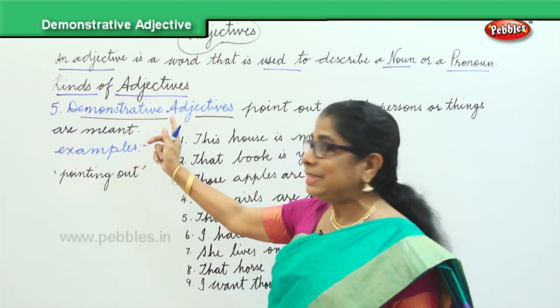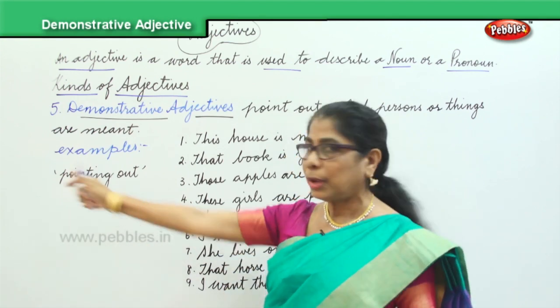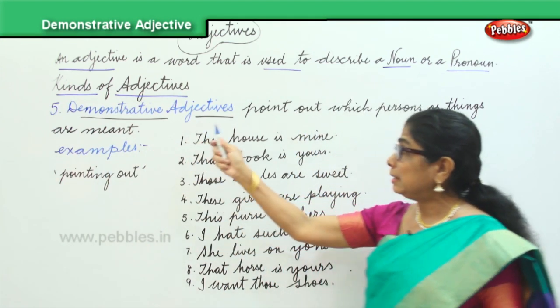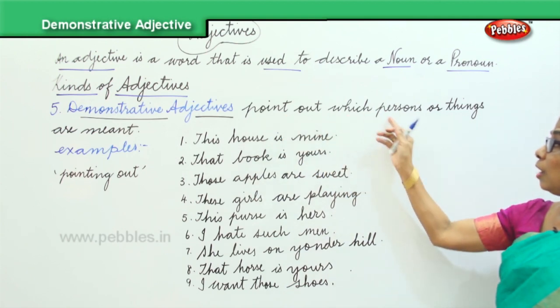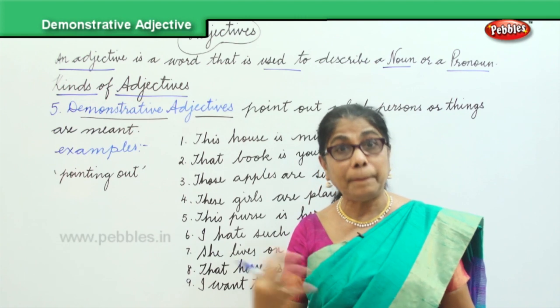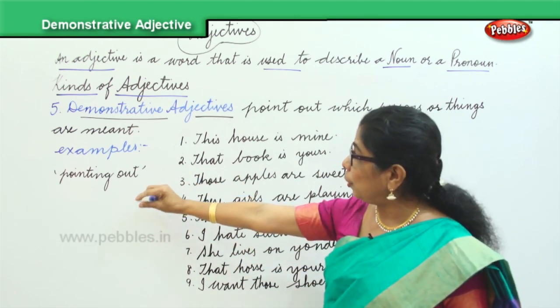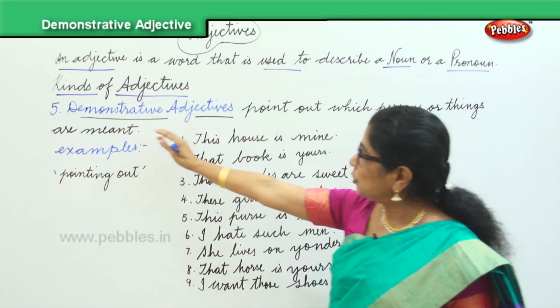Now we are doing demonstrative adjectives. What's the meaning of demonstrative? Pointing out. Demonstrative adjectives point out which persons or things are meant.